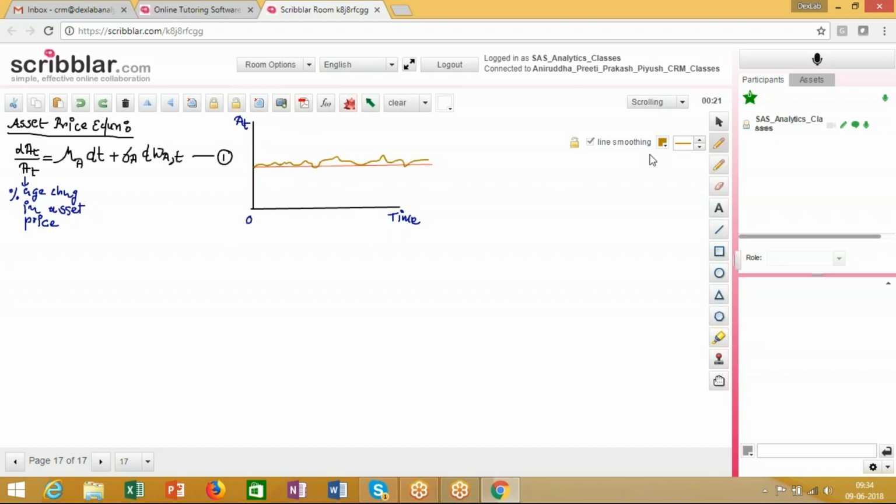This line of average that I have over here is my mu A. So the average percentage change in price will always fluctuate about an average percentage change in price. On a per unit basis, there would be an average fluctuation.